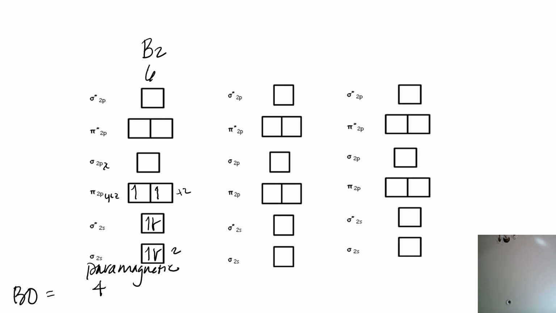And we're going to subtract the 2 electrons in the anti-bonding orbital, divide that by 2, so we get a bond order of 1. So we'll have 1 single bond created here.